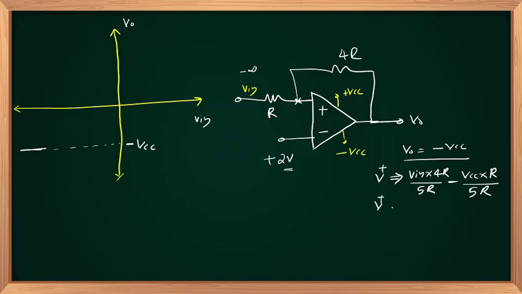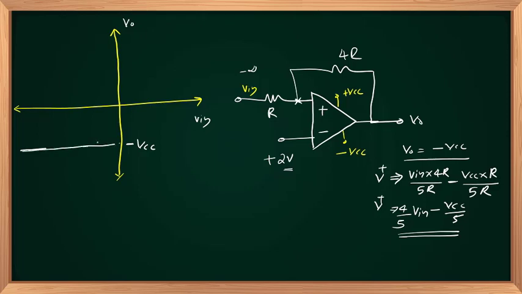So my V plus will be equal to 4 by 5 V in minus VCC by 5, right?